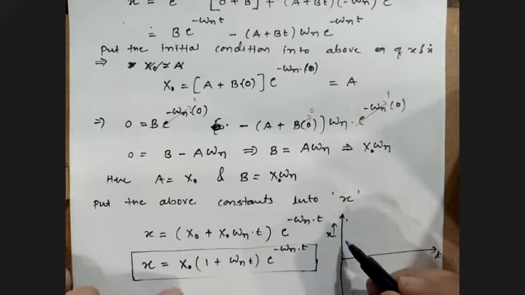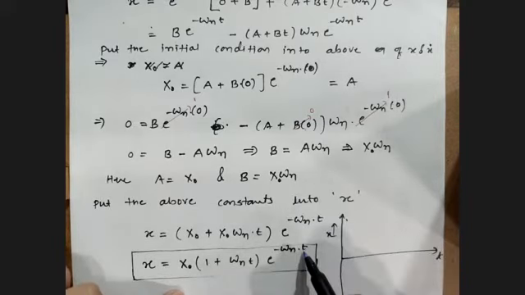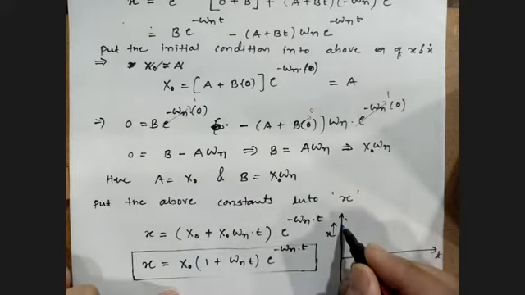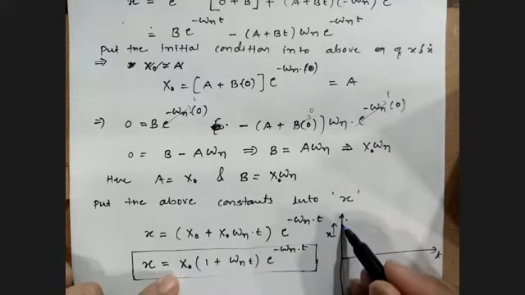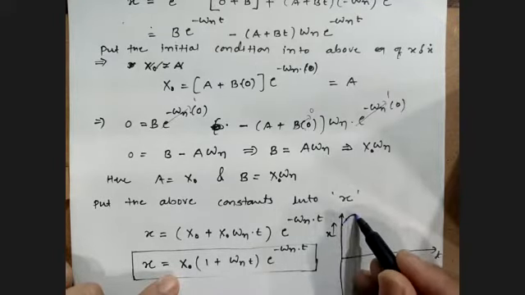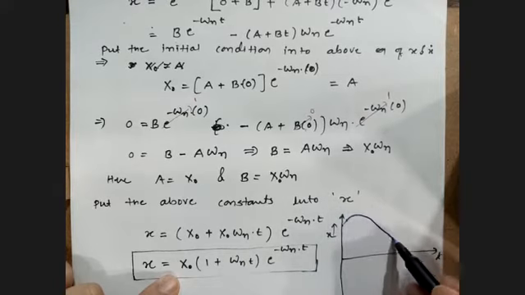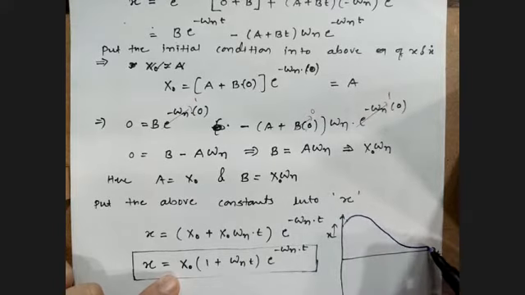Initially, if you consider the time t is equal to 0, this is 0, this is 0, so it has the initial displacement x0, so it is here somewhere. And if you increase the time, the value of x decreases from x0, and then it will go like this, right?